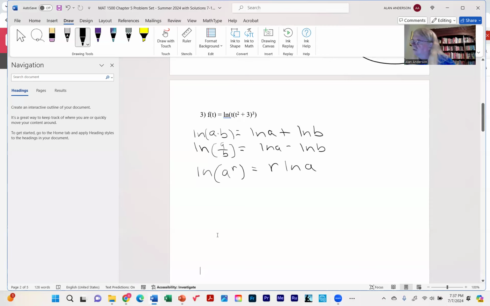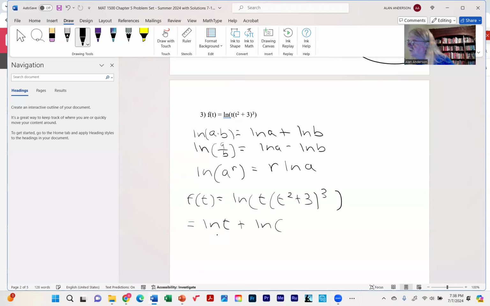What I'm going to do is rewrite this. Since there's a product here, let's do it like this. Why don't we try this?